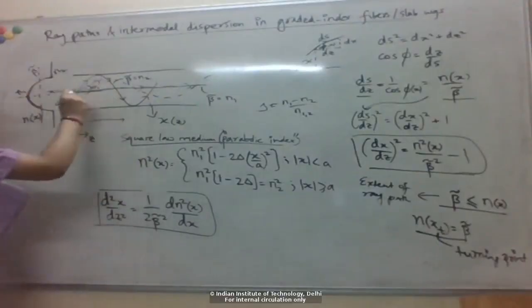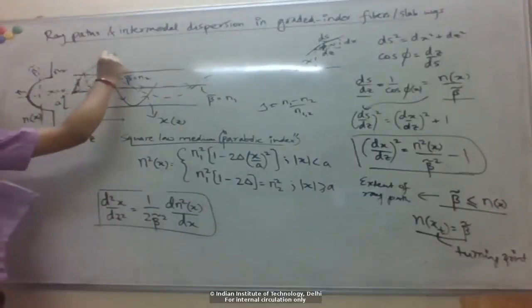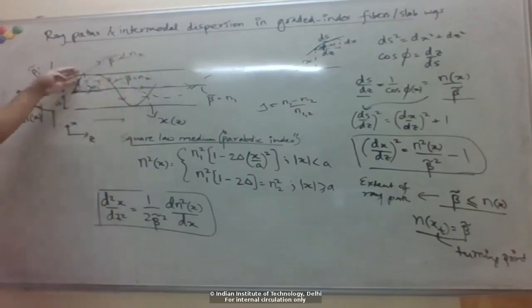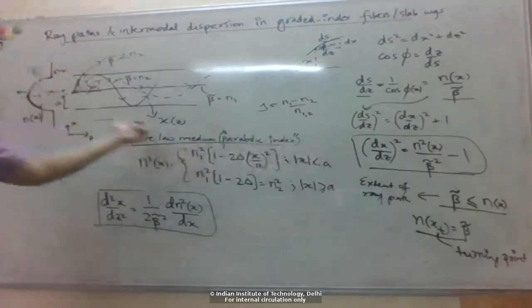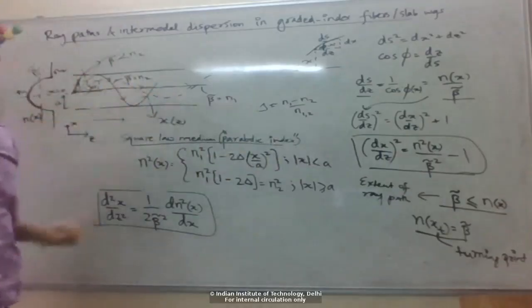I could also launch a ray at an even steeper angle, such that beta is less than n2. In that case, that ray will not get totally internally reflected and will just leak out of the medium. So the guided rays happen for beta between n1 and n2.